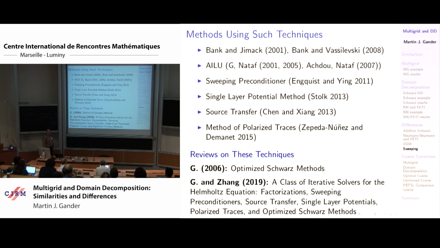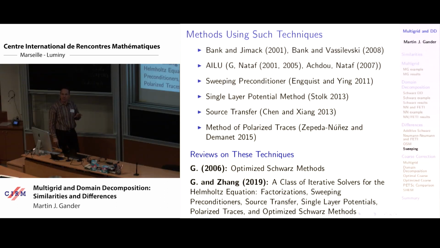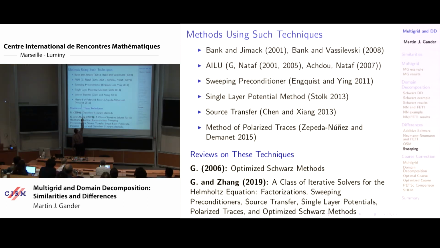And it takes a mind-boggling effort to understand these methods, because they're invented in different settings. For example, the source transfer is in a DD setting, but with Green's functions formulations. The sweeping preconditioner is invented in a discrete setting, not having subdomains, but just grid lines. It's very difficult to link them.